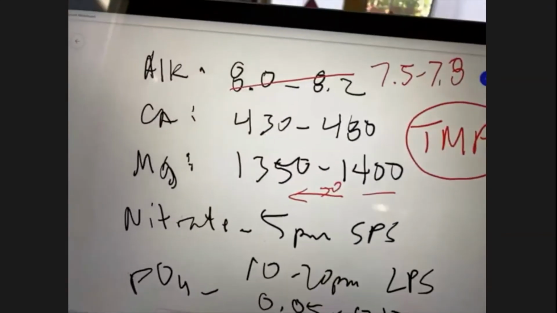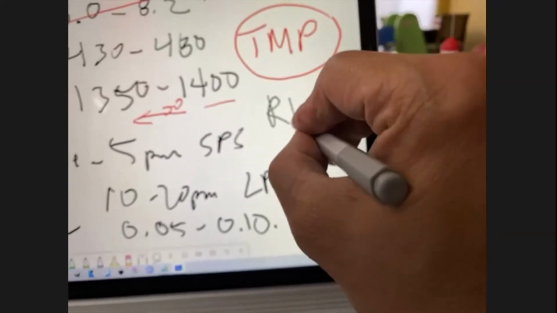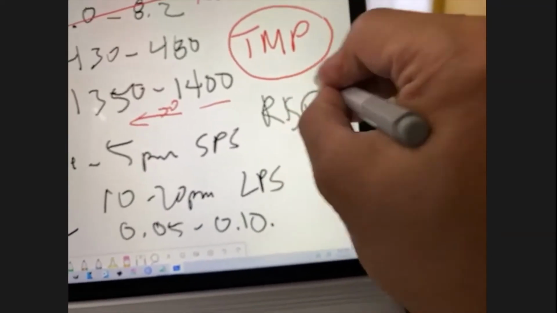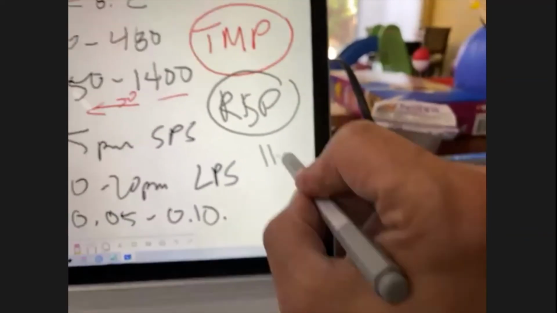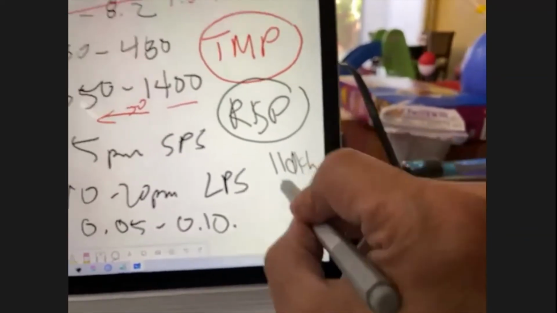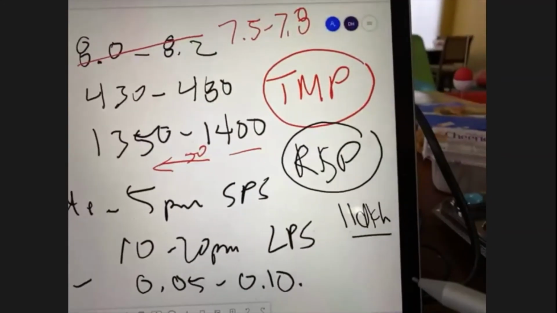Now, water change is bad. Let's say I use Red Sea Pro. Red Sea Pro mixes at a very high alk, 11 dKH. So when I do a water change, I'm raising all my levels.